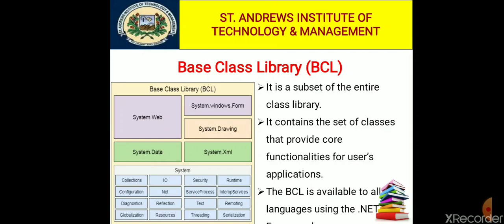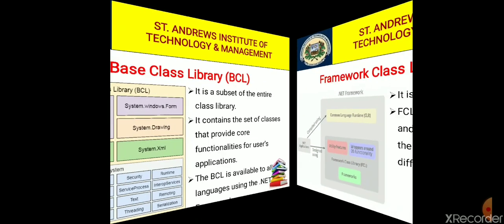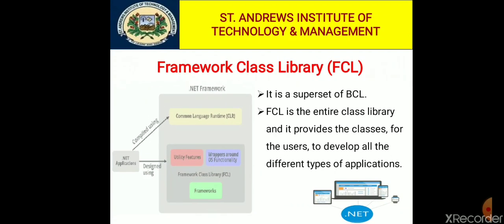The next one is the framework class library. It is the second part of the .NET framework class library. FCL stands for framework class library. It is a superset of the base class library, and BCL is a subset of the entire class library.